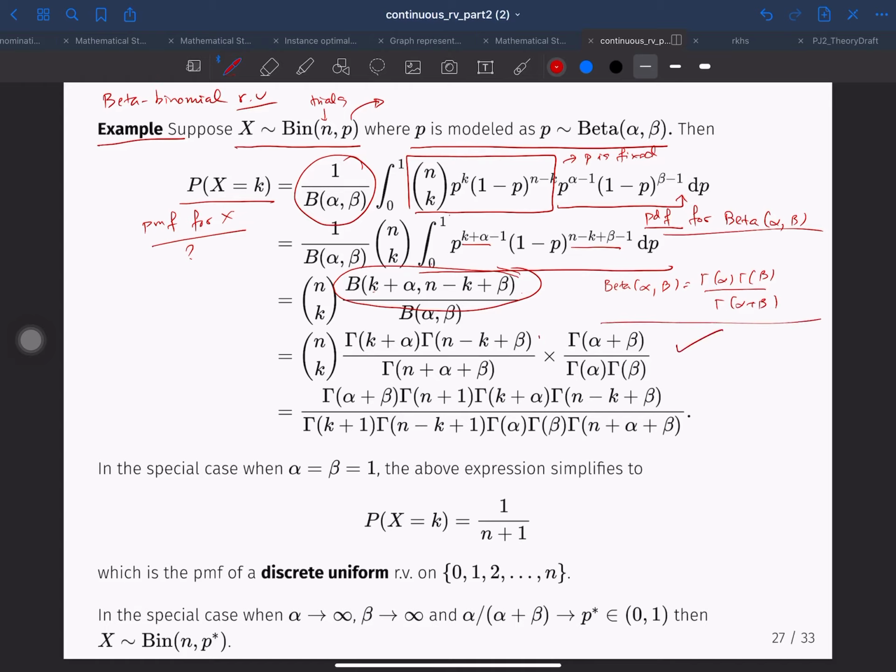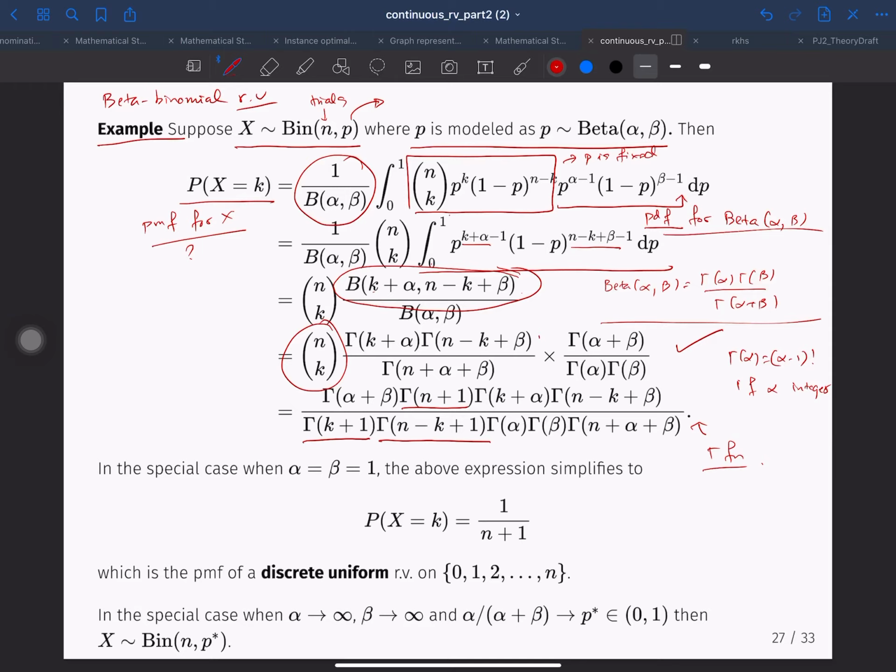And then once again, we recall that gamma of alpha is alpha minus 1 factorial if alpha is an integer. So we can replace n choose k with gamma of n plus 1 for n factorial, gamma of k plus 1 for k factorial, and gamma of n minus k plus 1 for n minus k factorial. So we get this maybe messy looking expression, but still simple in terms of the gamma function only.